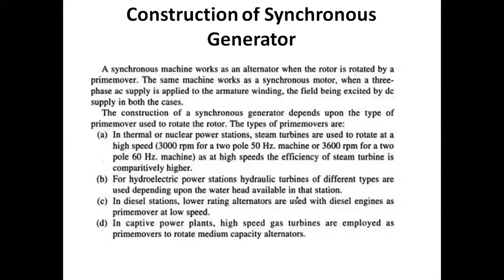So our first portion is the construction of synchronous generator. A synchronous machine works as an alternator when the rotor is rotated by a prime mover. The same machine works as a synchronous motor when a three-phase AC supply is applied to the armature winding, the field being excited by DC supply in both cases.